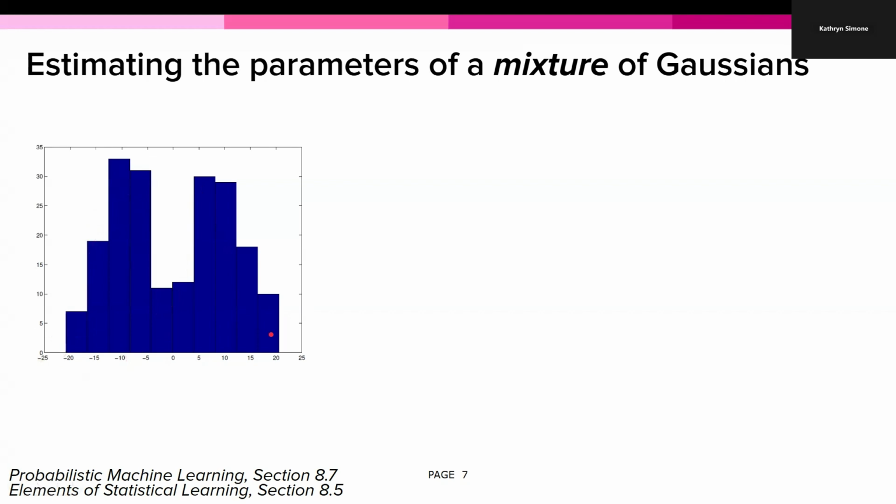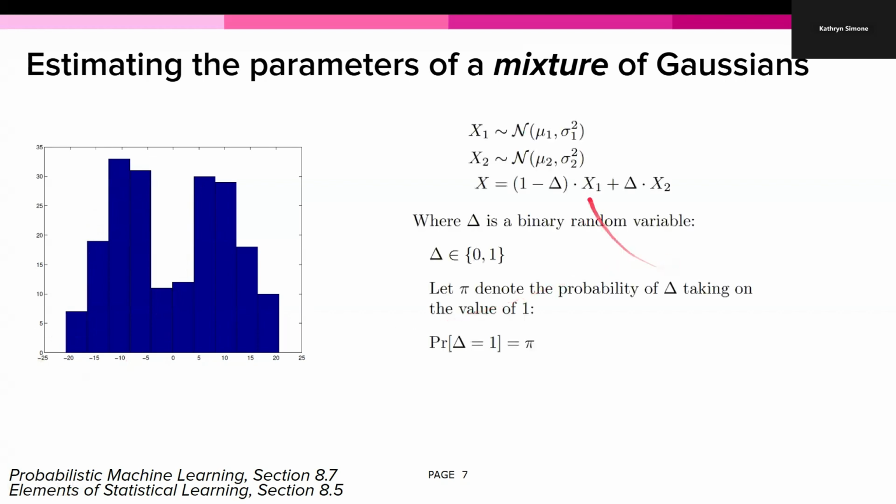To do that, we can think of our data as coming from two separate normal distributions. One with one mean specific to the first group, and the other with a different set of parameters.